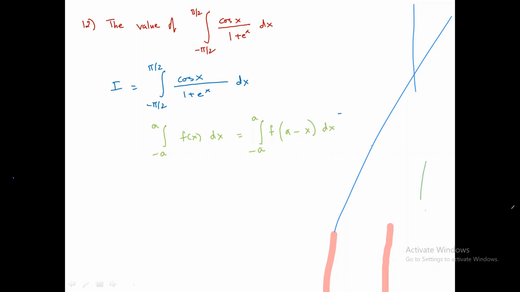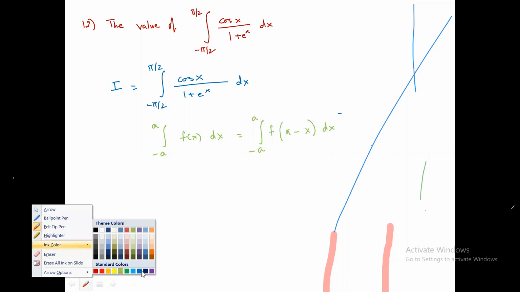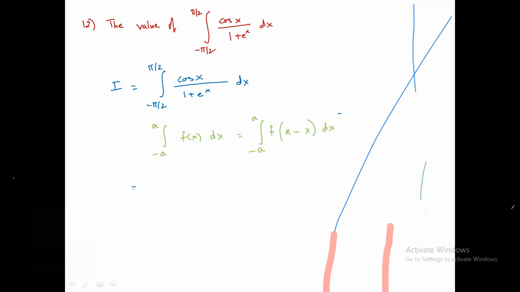This formula I already told you in other cases also, but I'm telling you now in this case. So what will I write here? How will I use this formula here? The bounds will remain the same, minus pi by 2, pi by 2. Cos of, in place of x, I will write a minus x.